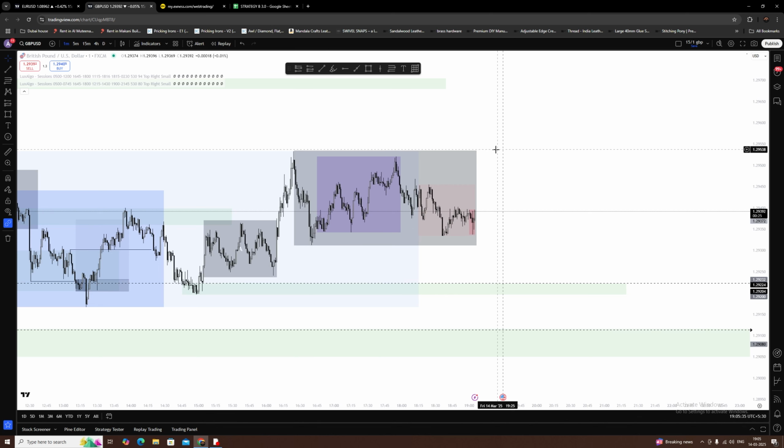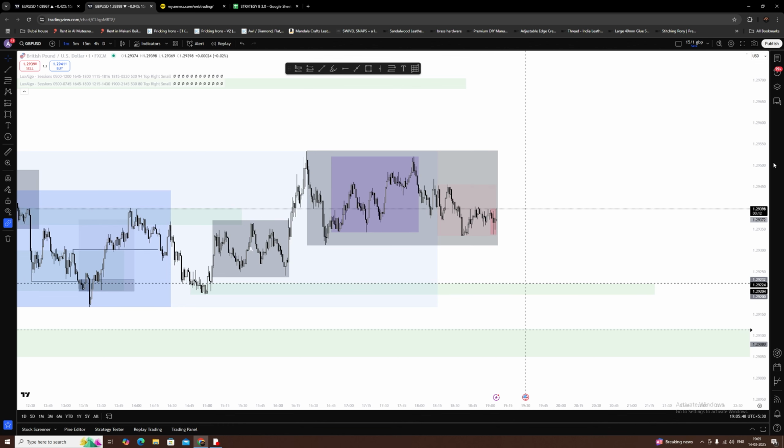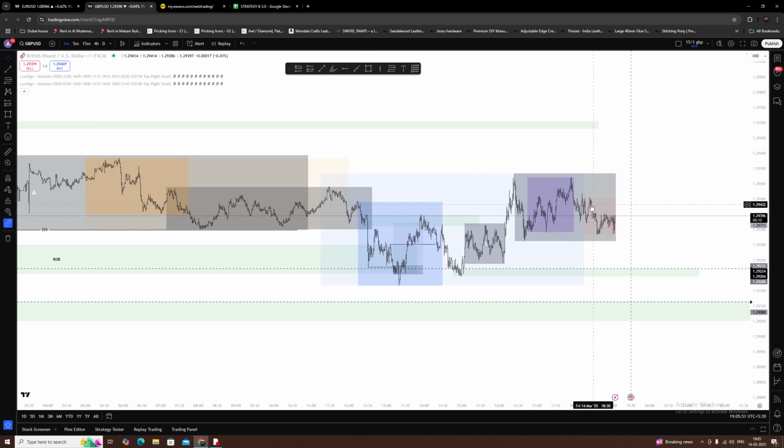And here there's another accumulation also, so in case it taps here or here or here, I'll be taking the trade after our entry model.